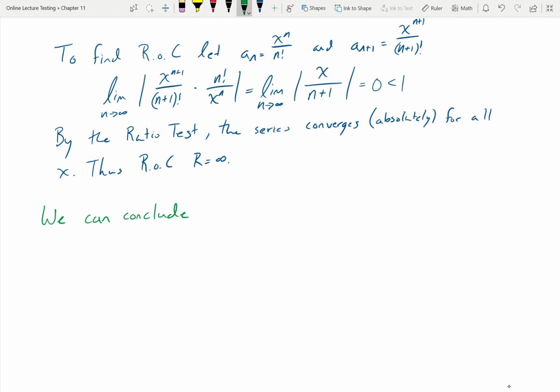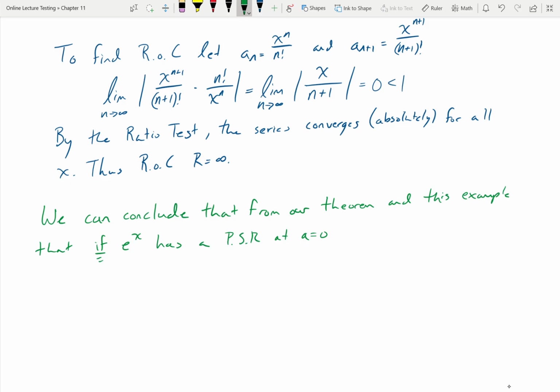We can conclude from our theorem and this example that if, again, underscoring this, e to the x has a PSR at a is equal to 0, then e to the x is equal to the series, as n goes from 0 to infinity, of x to the n over n factorial.